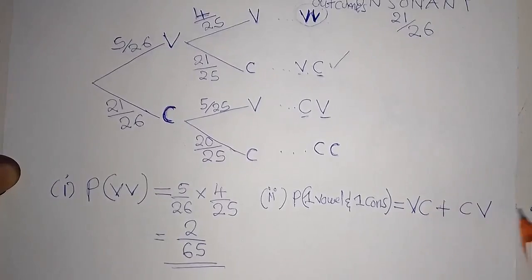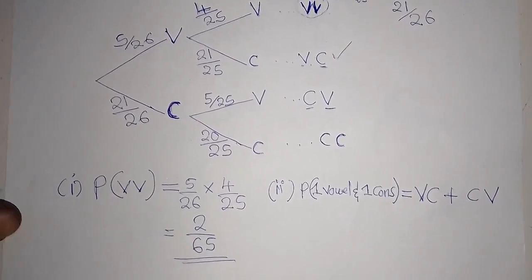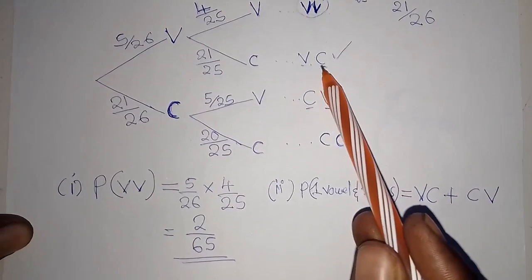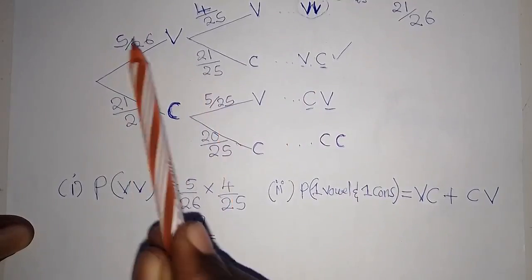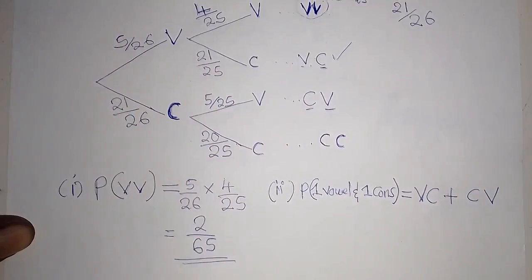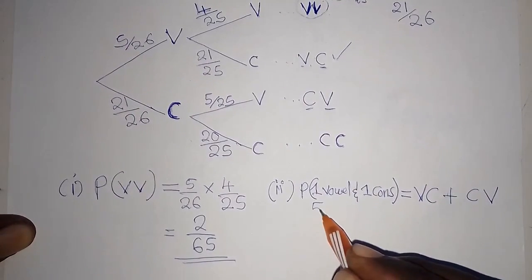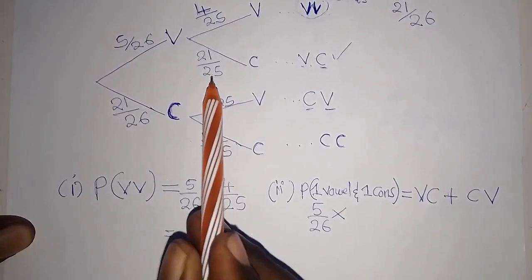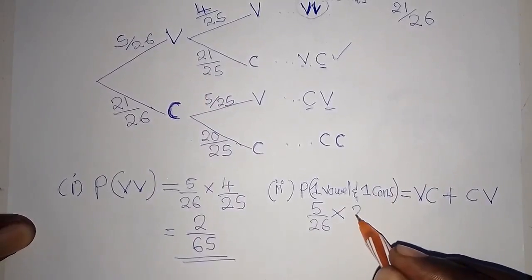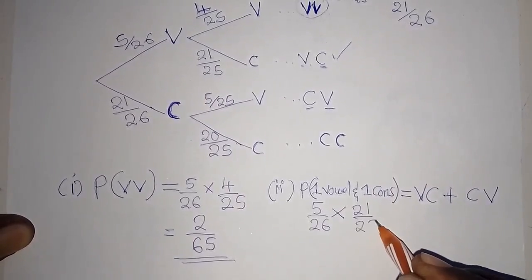I'm going to start with the first one. I multiply these two: 5 over 26 times this one, 21 over 25.